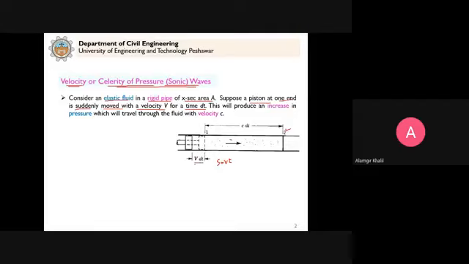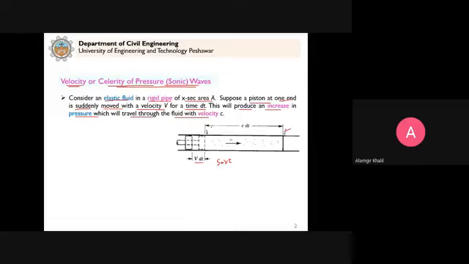Now because we compress the fluid, the fluid is not moving beyond this section 2, we are compressing the fluid. This will produce an increase in pressure, which will travel through the fluid with a velocity c, which we denote with c.